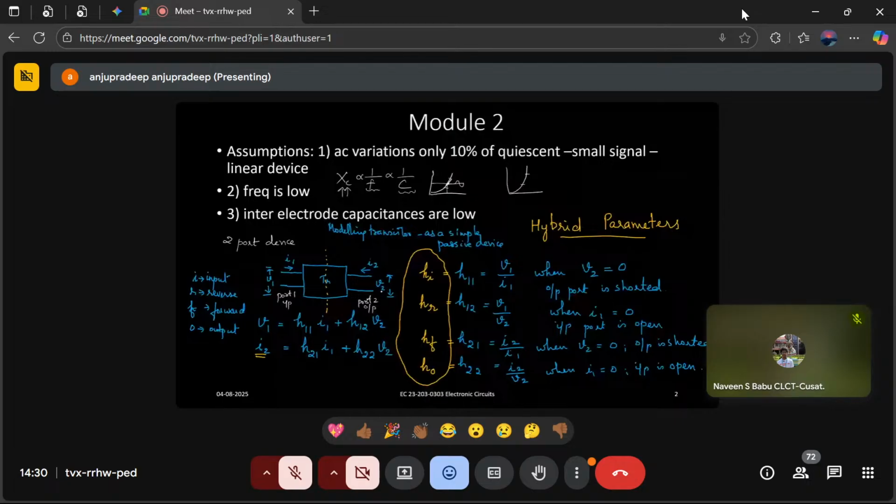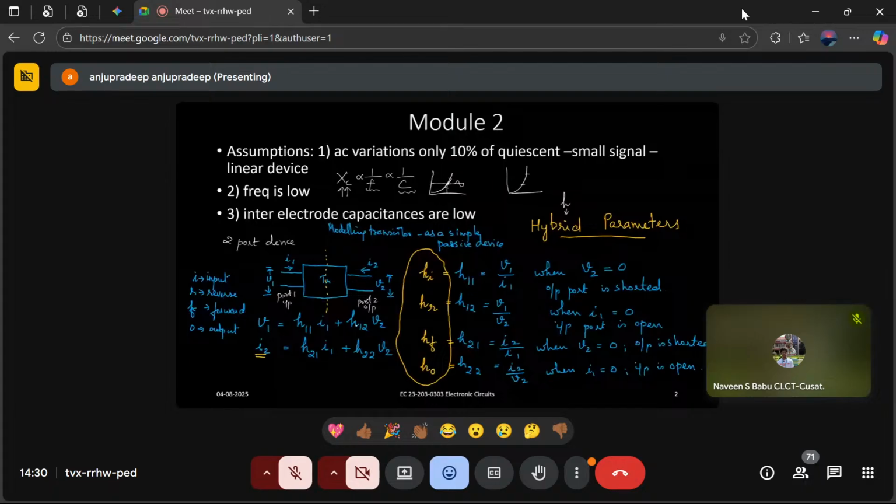Now the next term is H12. H12 is equal to V1 by V2. How will you get H12? You have to put I1 equal to 0. Then H12 is V1 divided by V2 when I1 is equal to 0. When you make I1 equal to 0, it means the input port is open.